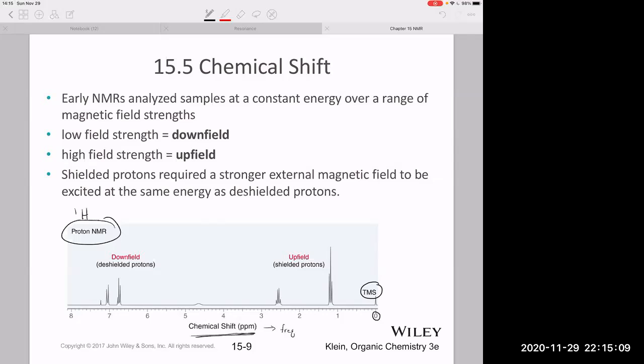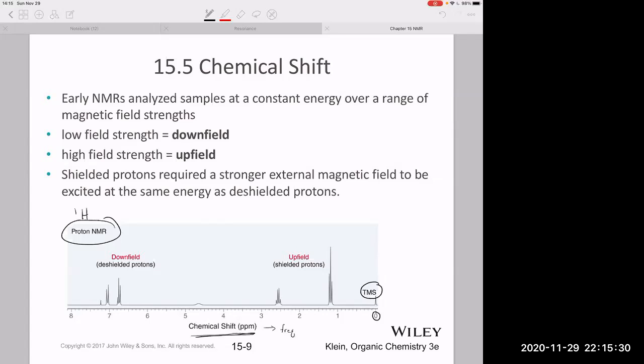You make that 0, and every other frequency you get is going to be measured relative to where that TMS peak is. This is just practical stuff. It's not all that necessary to understand when we go to analyzing these spectra, but nonetheless, if you were to do this experiment, it's important to understand.